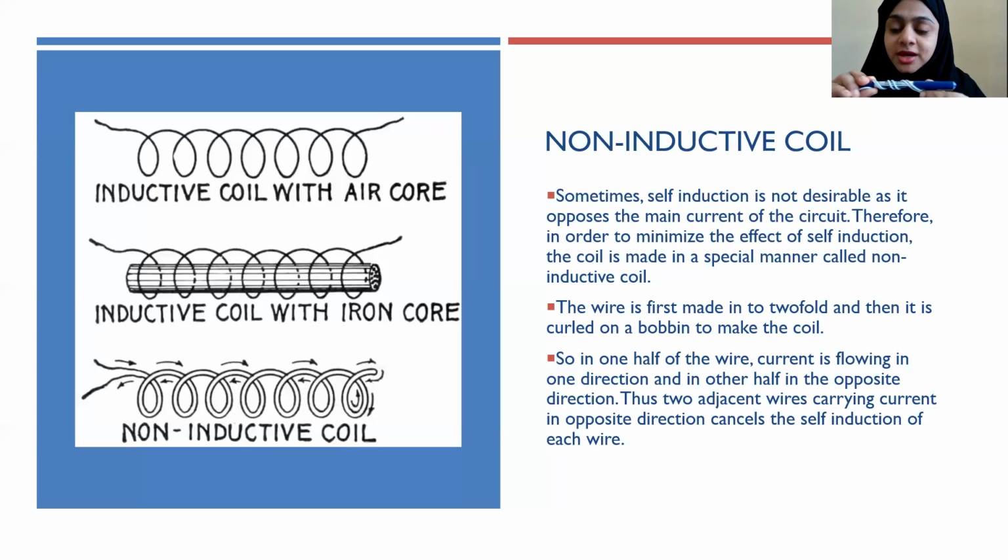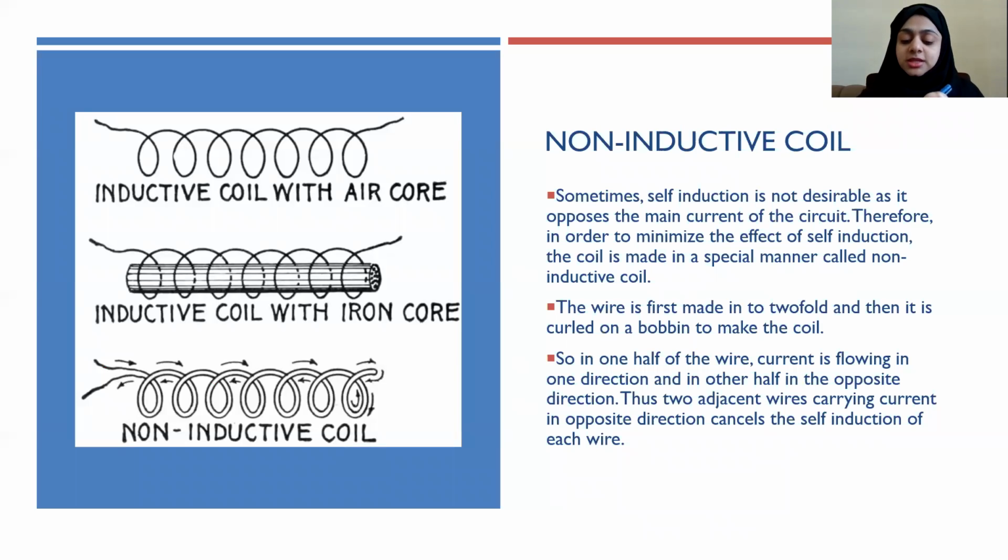Okay, so here what I get is double wires. As you can see here, it will end here. Okay, so instead of using a single coil of wire, straight away wound, we are using a coil of wire which is first wound into a two-fold and then it is wound or curled onto a bobbin.